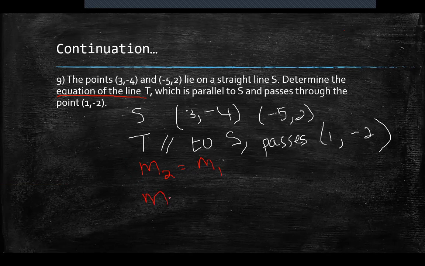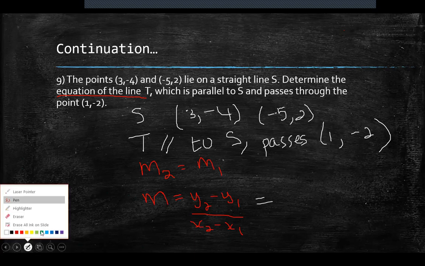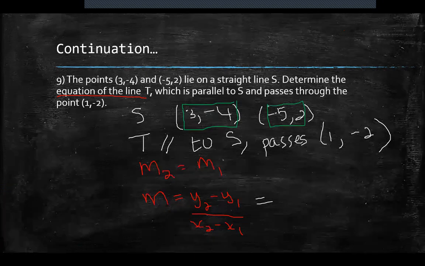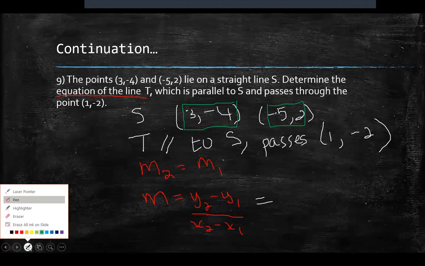Recall that the formula for gradient is y2 minus y1 over x2 minus x1. I want this one to be x1, y1, and this one to be x2 and y2.